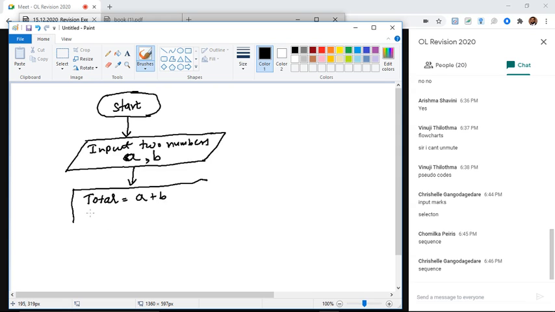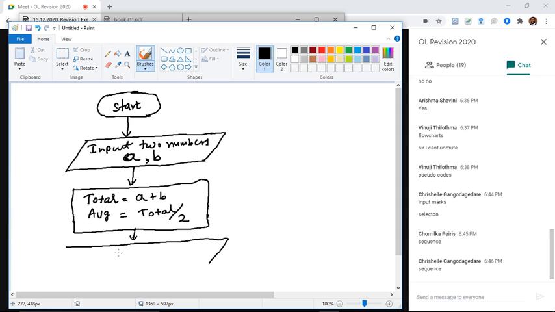Then how can you find the average, AVG? After you calculate the total, you can divide that total by the number of subjects. Then finally you have to display this, right? So you use the parallelogram to display the output. It will display total comma AVG.